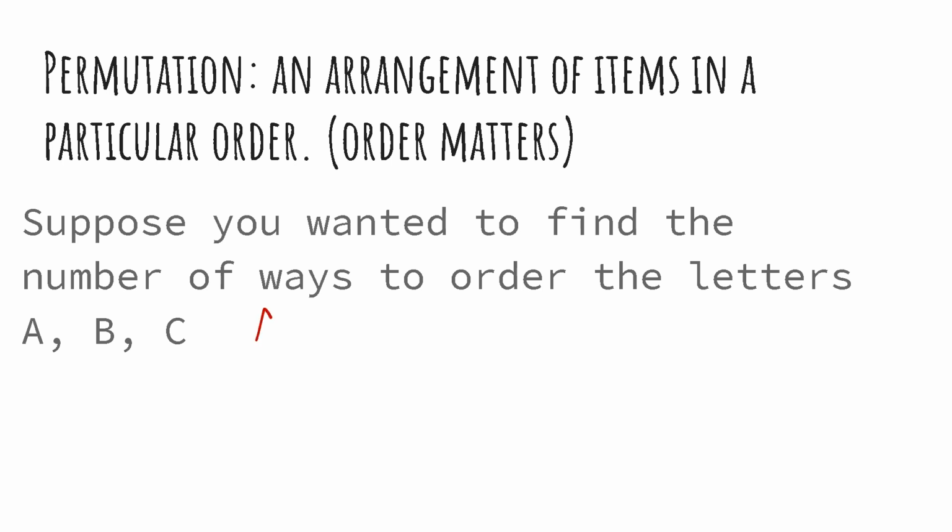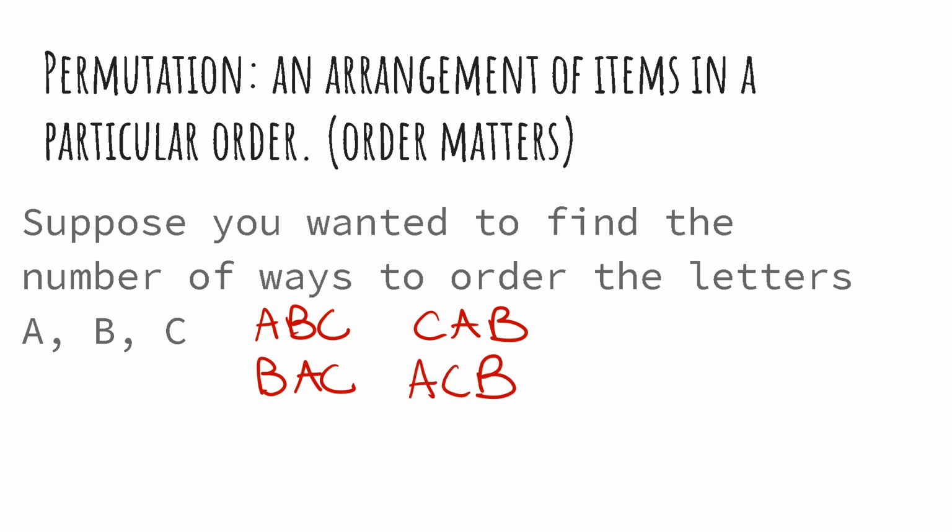The first one obviously would be A, B, then C. What would be another one we could do? ACB. Right. What else? CAB, C-A-B. Give another one. There's 2 more.